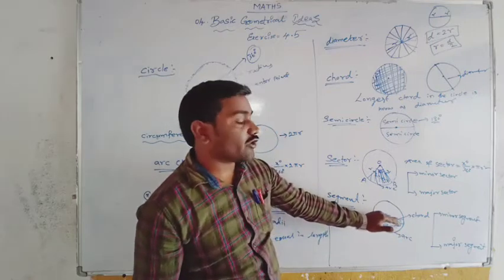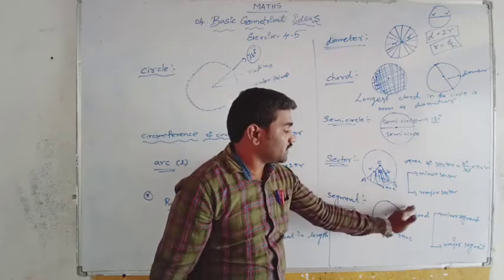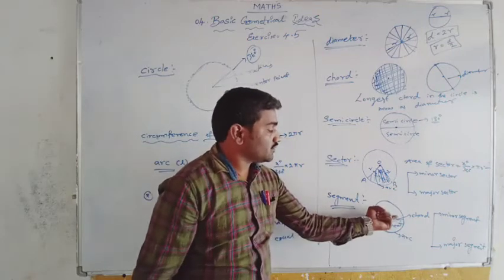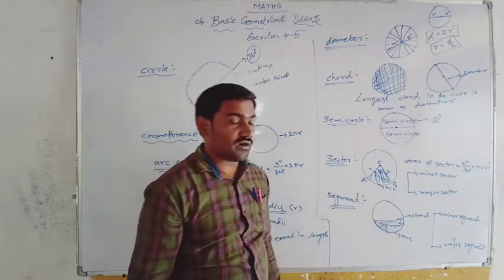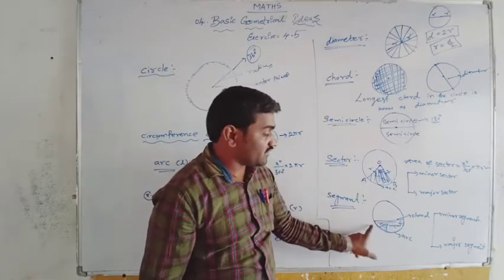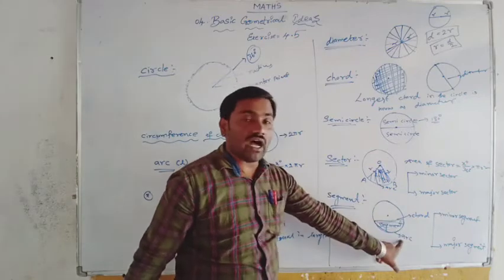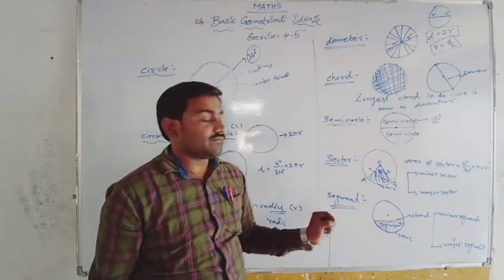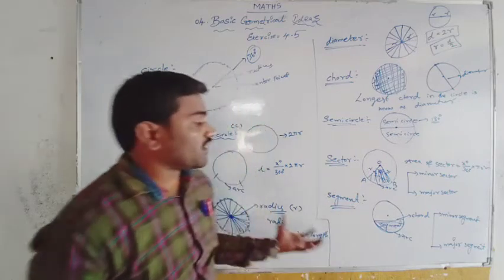The larger place enclosed by a chord and an arc is known as the major segment. Remember, the chord does not pass through the center point of the circle. With one chord and arc, one segment is enclosed. These are the parts we have learned.